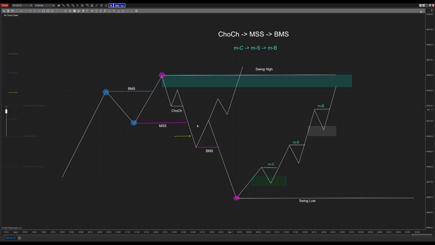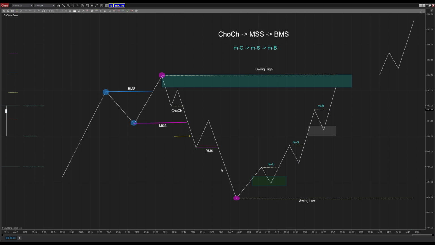This could be just a liquidity grab. There could be something down here, and then the market just carries on, and we break the former swing high, and the uptrend continues. Of course, that happens frequently, but we have to be objective in how we define the trend.